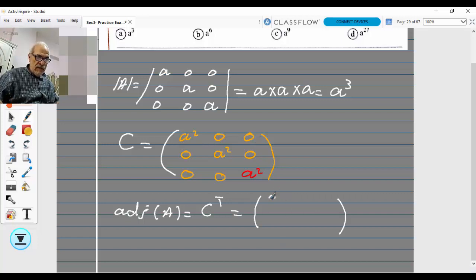So we'll get A square 0 0. The second row will be the second column: 0 A square and 0, and also 0 0 A square. Now we will get the determinant of the adjoint of A.